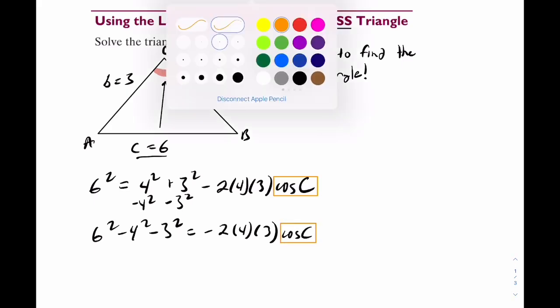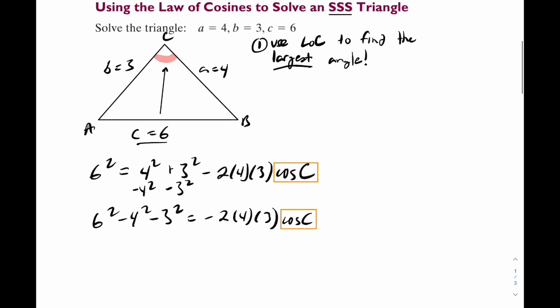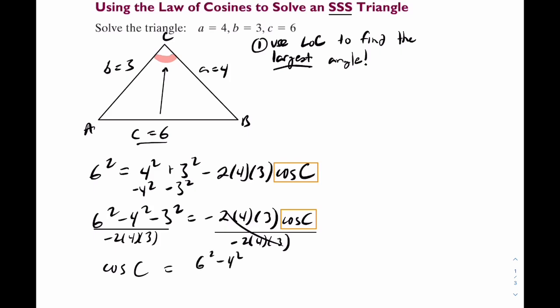Now to solve for that box, we're going to divide both sides by negative 2 times 4 times 3. So those are gone. So cosine C should now equal 6 squared minus 4 squared minus 3 squared, all divided by negative 2 times 4 times 3.